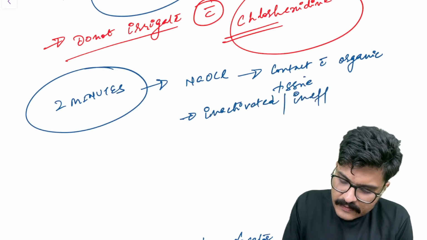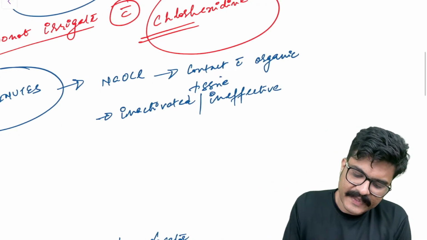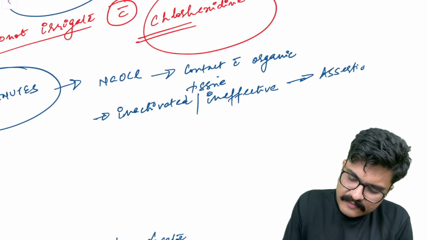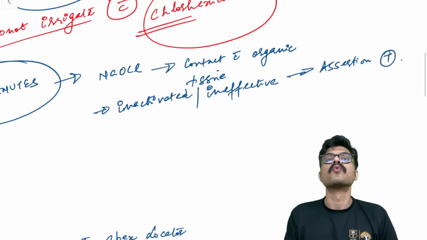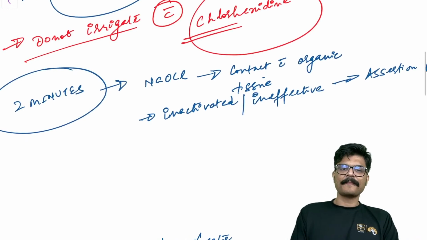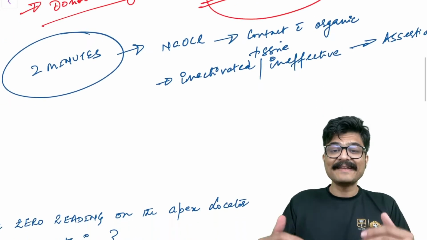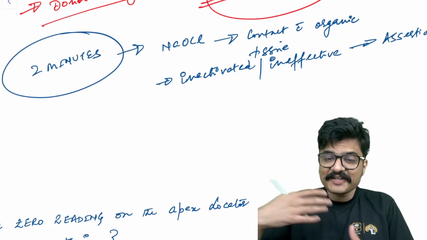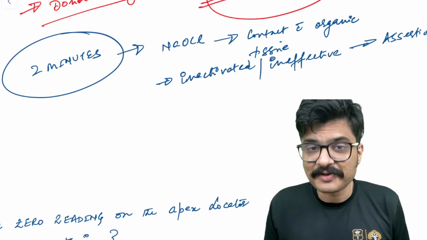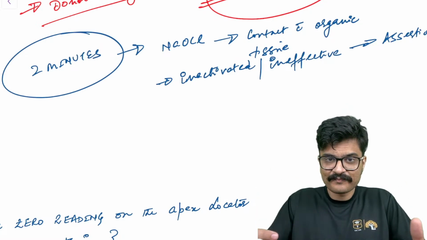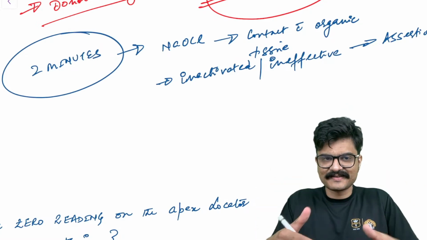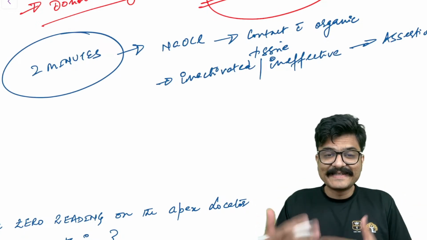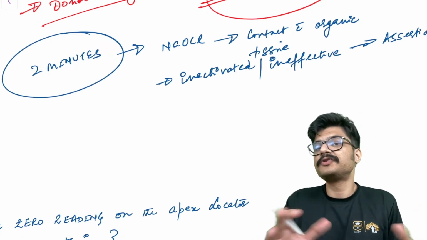So that's my statement or assertion, and that is true. And what is the applied part here? That is the rationale. The rationale of continuously replenishing sodium hypochlorite during your BMP is that it gets deactivated or ineffective within 2 minutes.